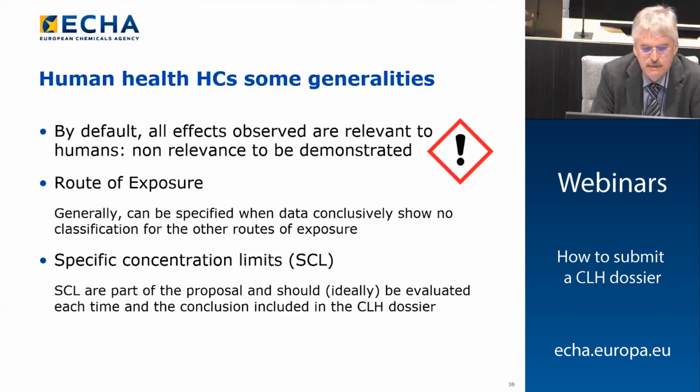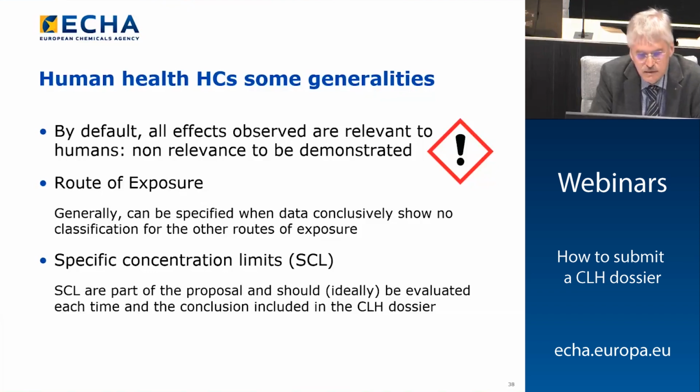This results in a narrowing of the scope of the entry. It will then be up to RAC to decide whether the justification provided is sufficient to determine whether it is conclusively shown that the other routes of exposure don't apply.